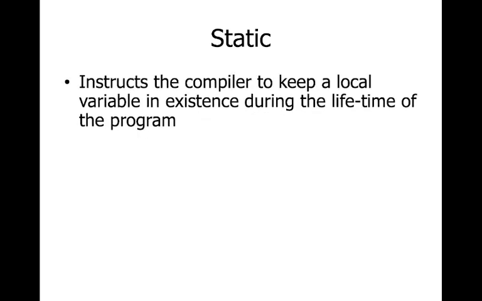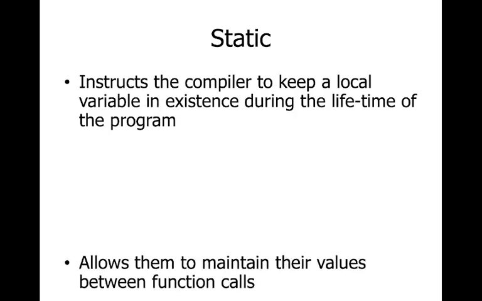Then the third type of storage class is the static storage class. Static instructs the compiler to keep a local variable in existence during the lifetime of the program. All throughout the lifetime of the program, that local variable will be in existence, so it is known as static.